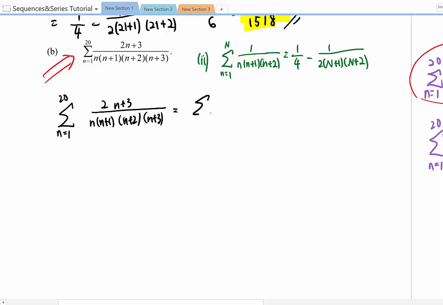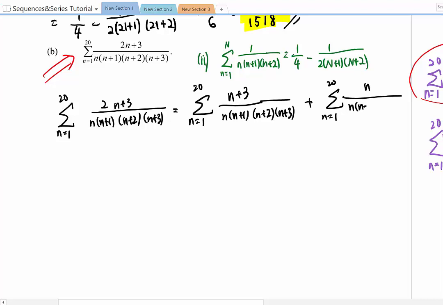This is equals to, I can split it up into n plus 3 and in this case now the numerator would be n, and this is great because I can cancel off the numerator and denominator, cancel off n and n in this case, and this gives us something that looks more familiar.